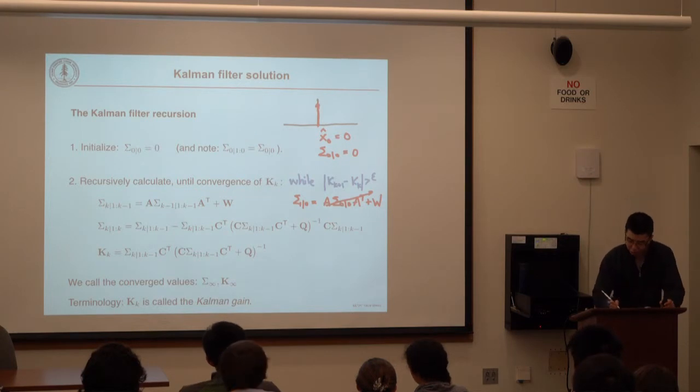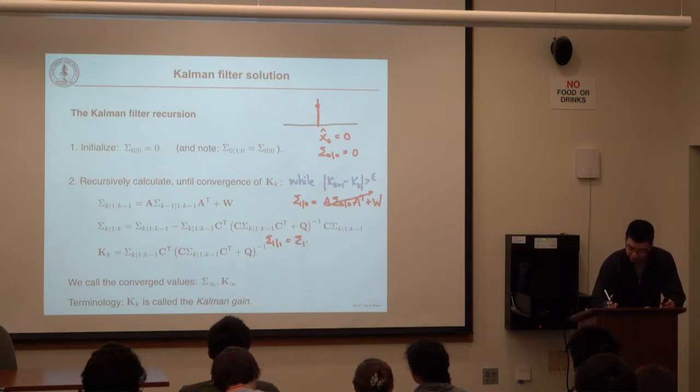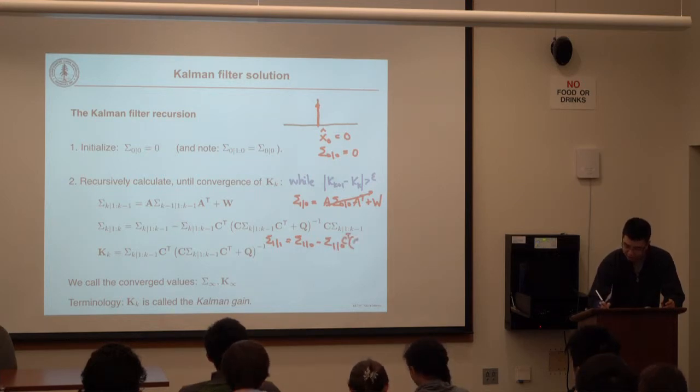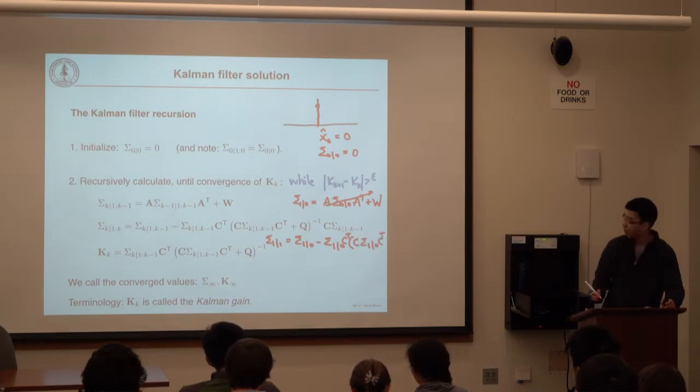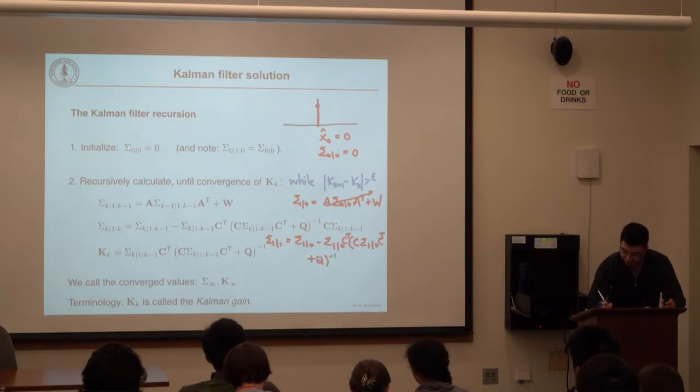In this equation, we would literally write out sigma 1 given 1 is equal to sigma 1 given 0 minus sigma 1 given 0, C transpose, times the inverse of C sigma 1 given 0 C transpose plus Q, times C sigma 1 given 0.